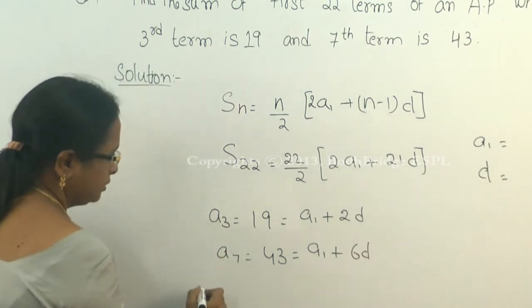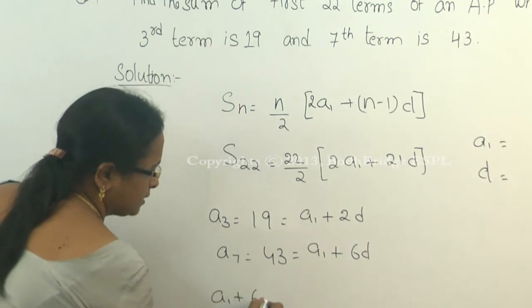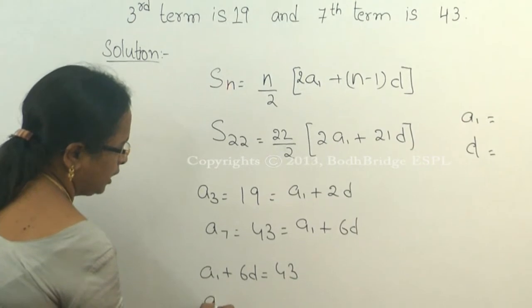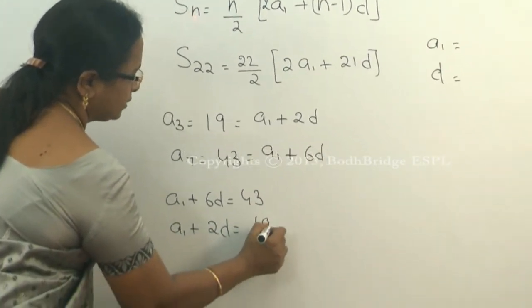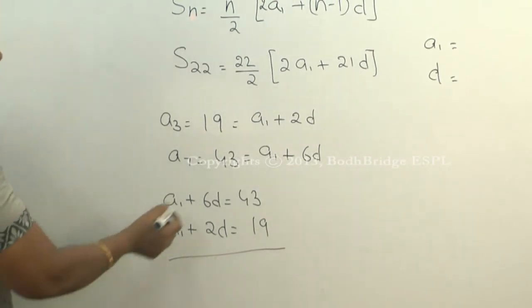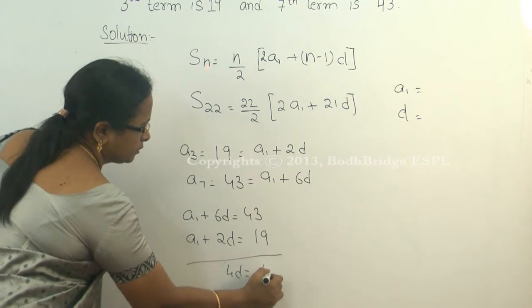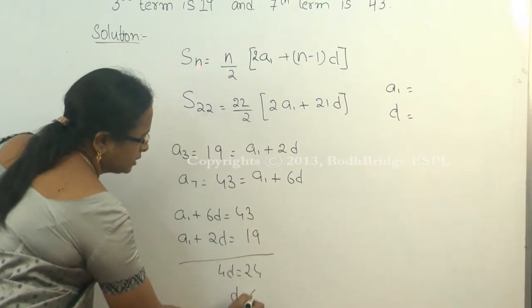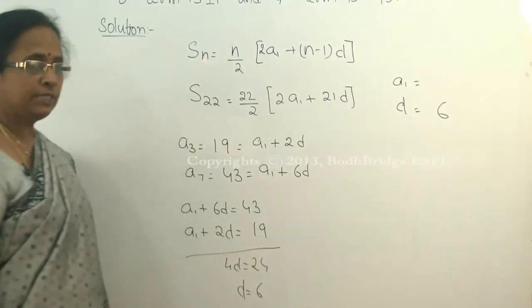Subtracting one from the other, let us write this one first: a1 plus 6d equals 43, and a1 plus 2d equals 19. When you subtract, you get 4d equals 43 minus 19, which is 24, or d equals 6. So this d we have found out, that is equal to 6.